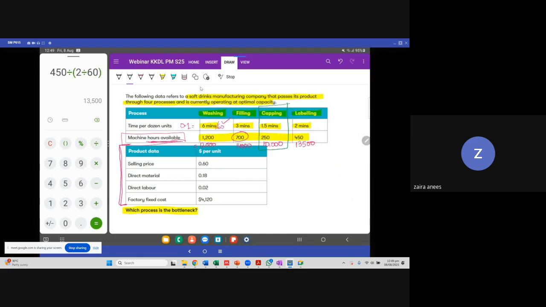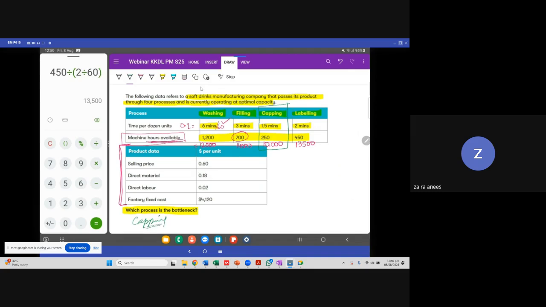If someone asks you what you want to improve your output, my answer will be I need a machine in the capping division, or I need a machine for the process of capping. Because if capping increases, it will increase my overall output because we have enough time for washing, filling and labeling, right? So that means capping is the answer.